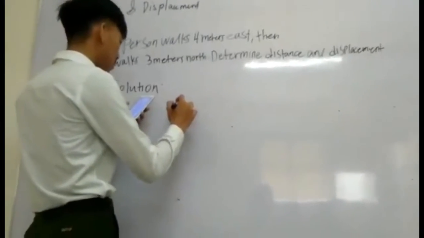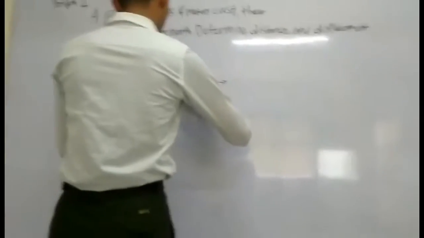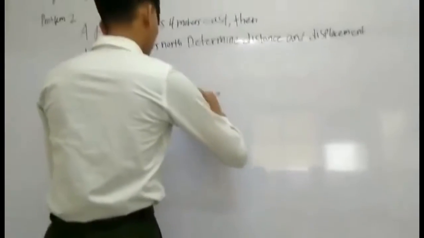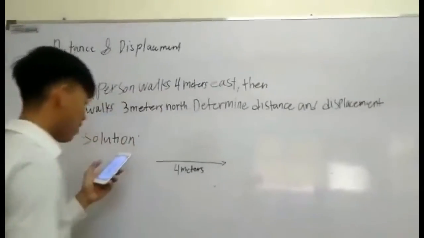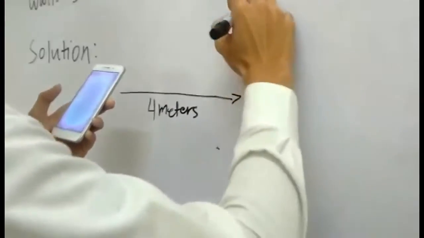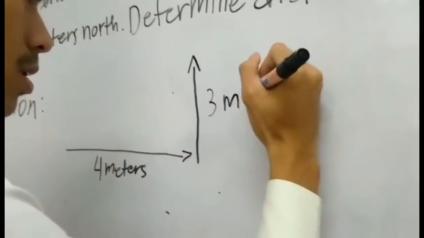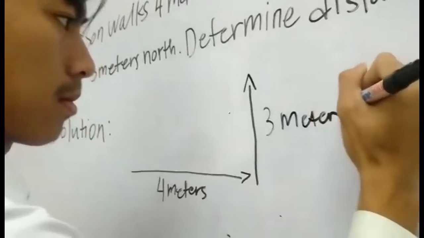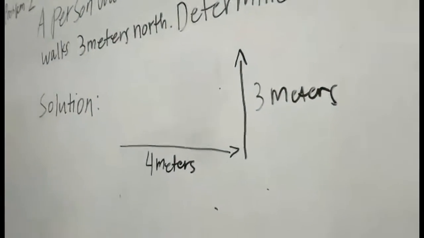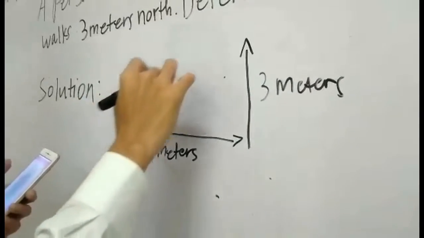A person walks 4 meters east, then 3 meters north. Then determine the distance and displacement.